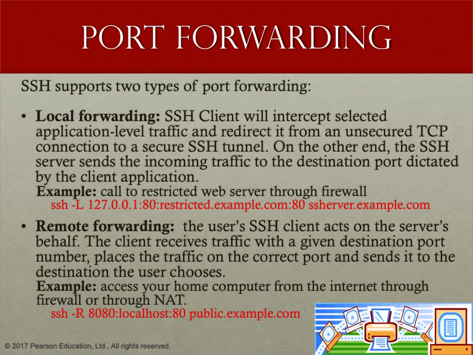Localhost is a private IP address inside the private network, which is otherwise not accessible by the outside world. So by doing this, you can allow others to access your host inside the private network, even if it has a localhost or any private IP address. So this is local port forwarding and remote port forwarding, and these two services are very, very useful as part of SSH.